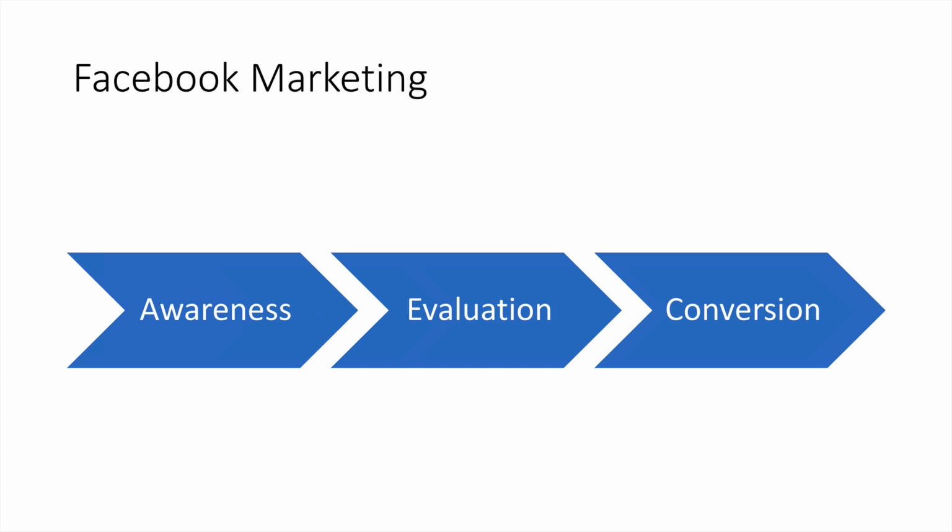So let's say when we started with our awareness campaign, we were able to reach 1,000 people. By the time we reach this stage, evaluation, it is fair to assume that only 500 are left, or the numbers could be more or less.